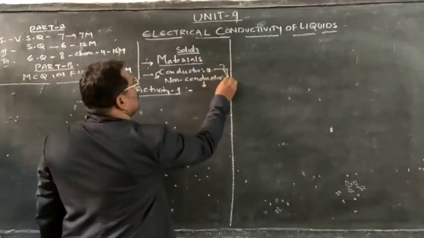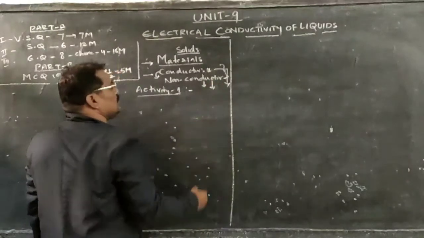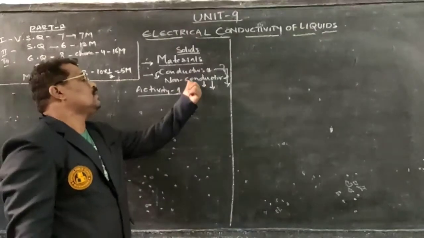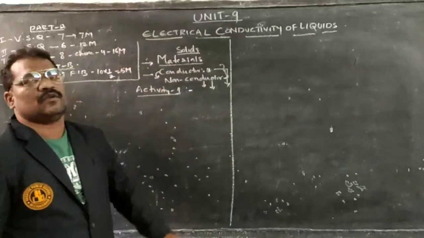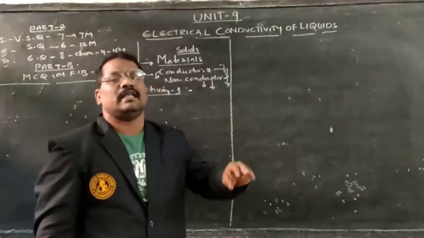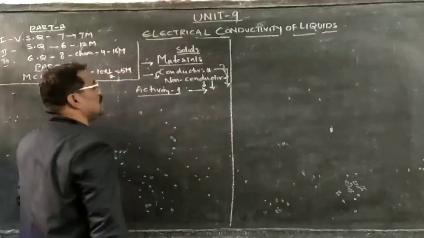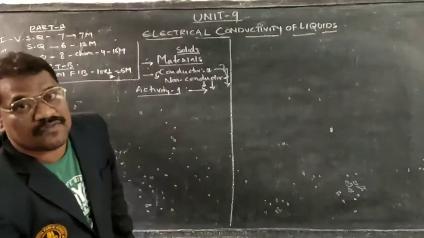For all conductors the bulb glows, but for non-conductors the bulb doesn't glow. By that we can say that through non-conductors electric current is not passing, whereas through conductors electric current is passing.